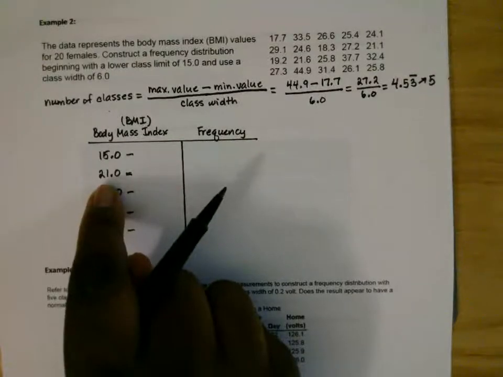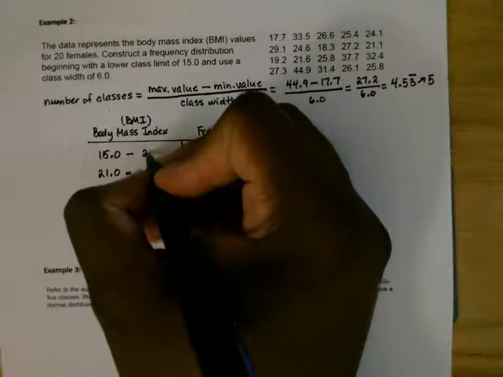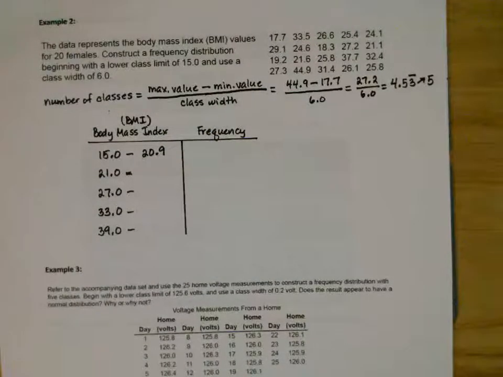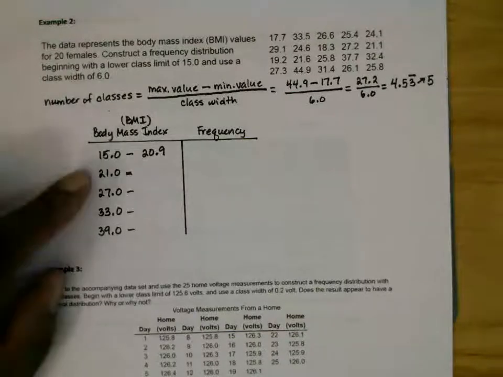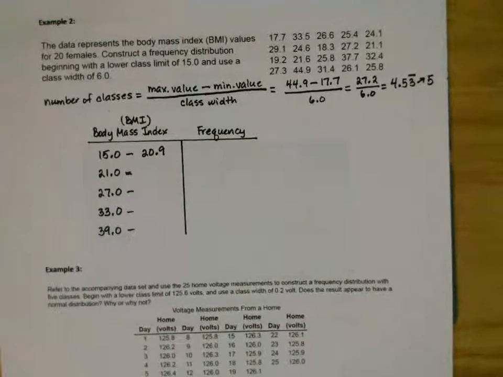So if I do 21.0 minus 0.1, this is what I'm going to come up with, 20.9. Okay, all I did here was just subtract a 0.1 from this second lower class limit of 21 to get the 20.9.